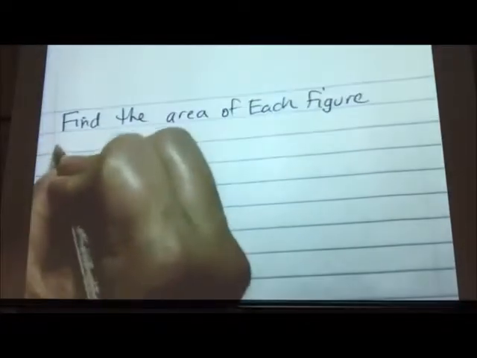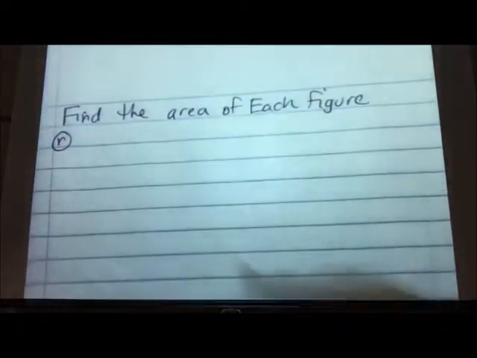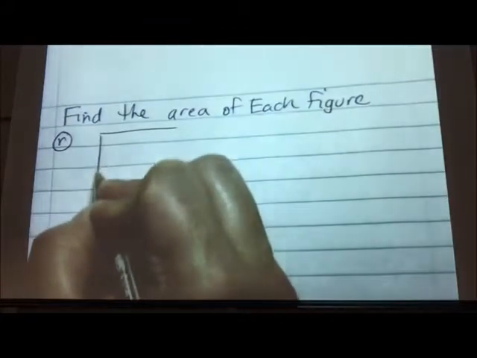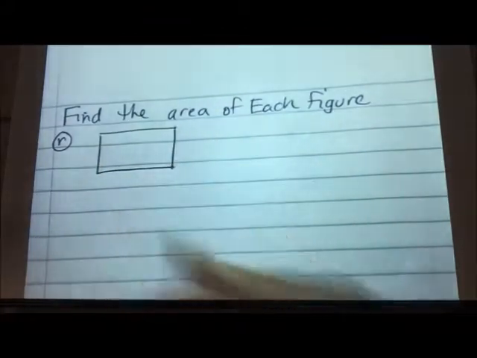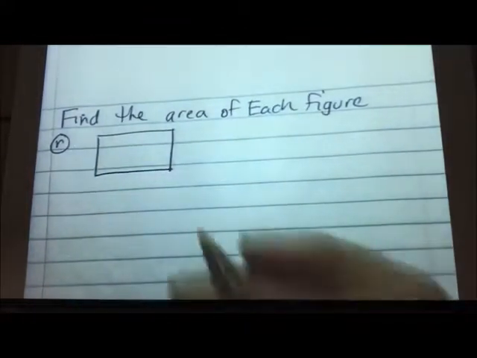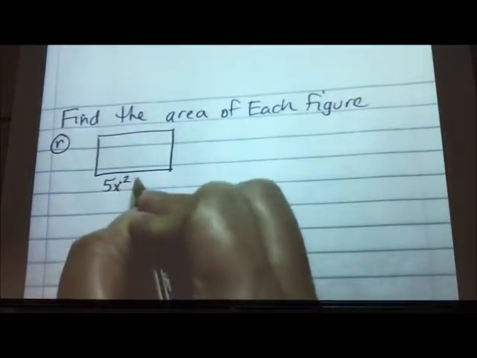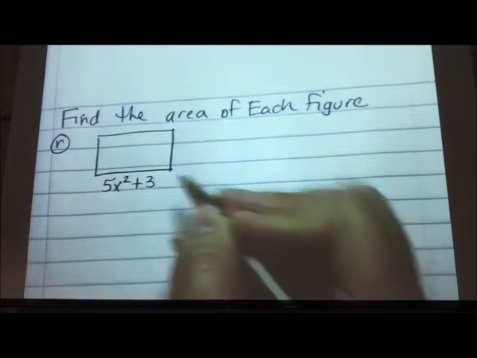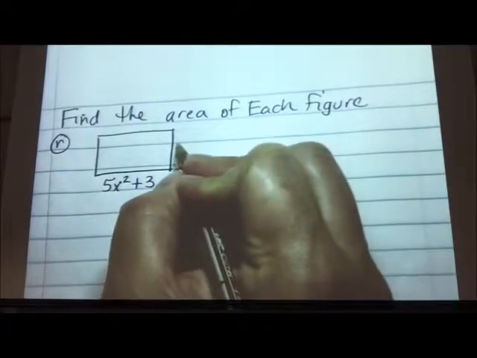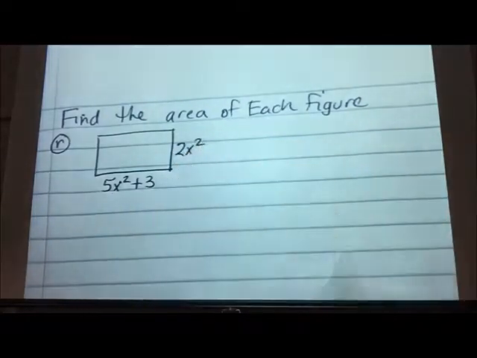So we're on R. Let's say they gave you a rectangle, and they told you this was 5x squared plus 3, and this is 2x squared.